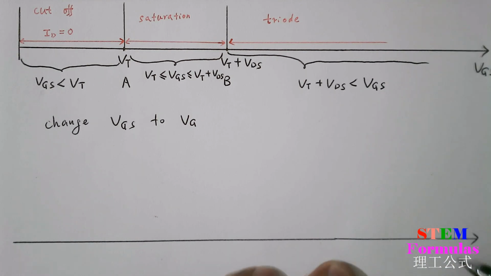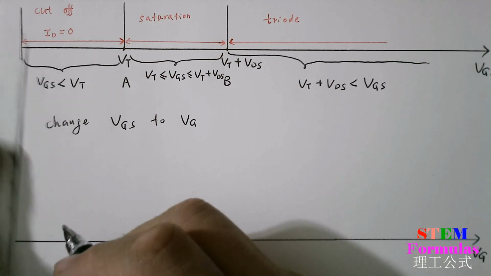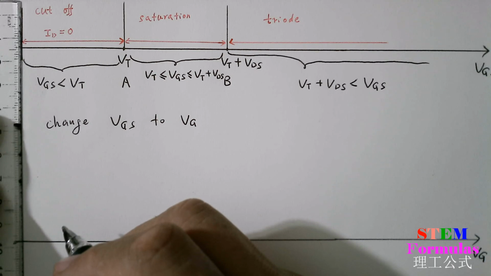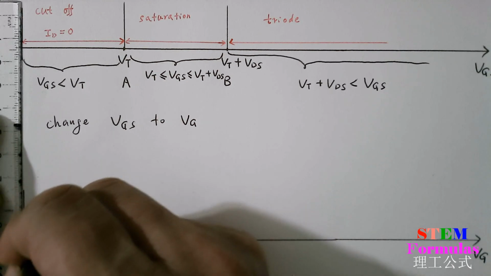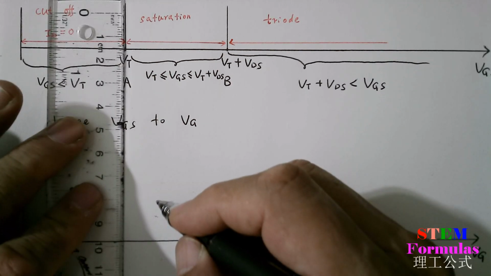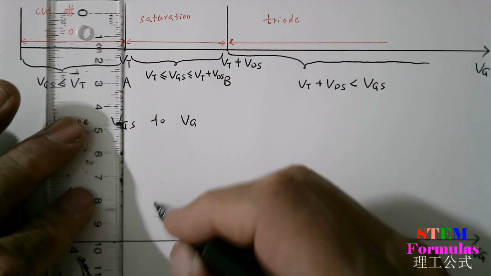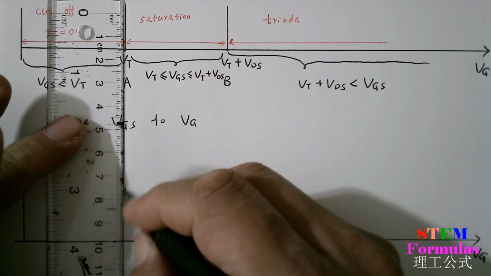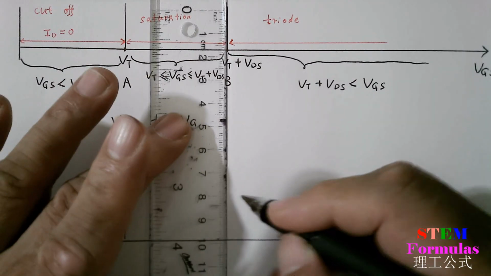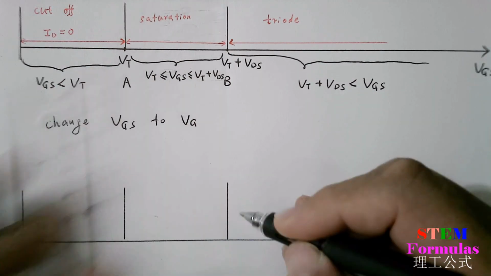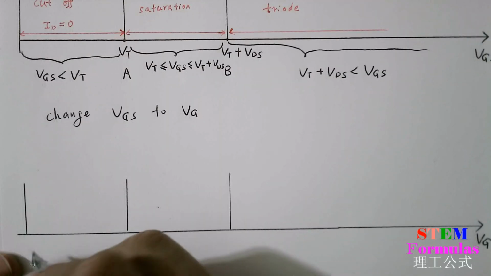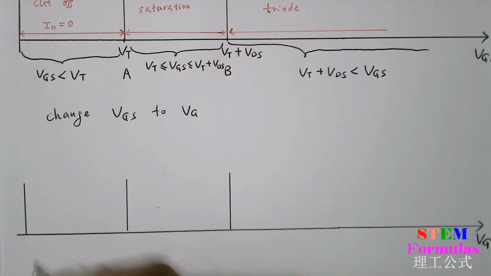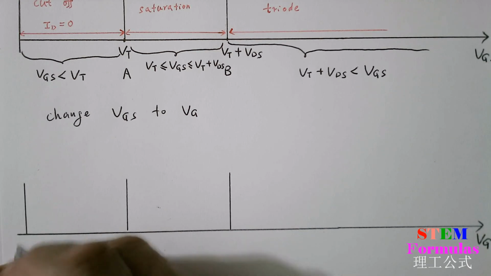I draw VG. So VG is the variable. Now we want to see what VG values look like in this region.